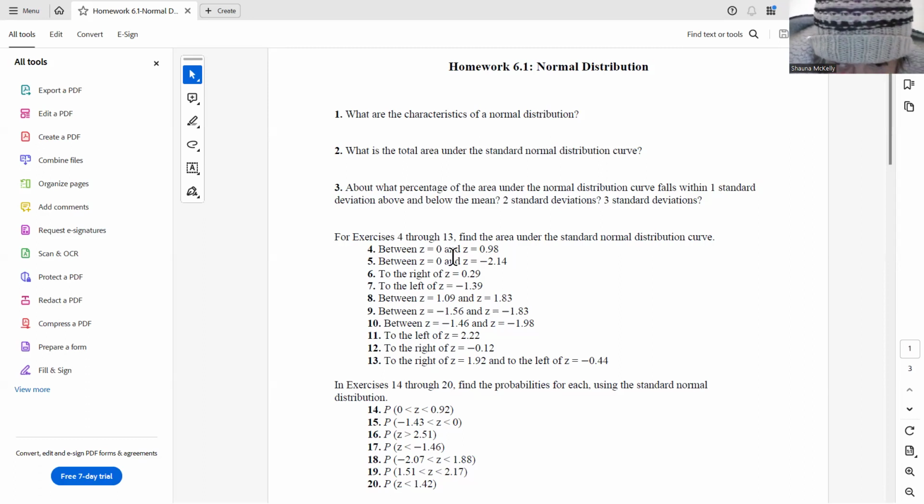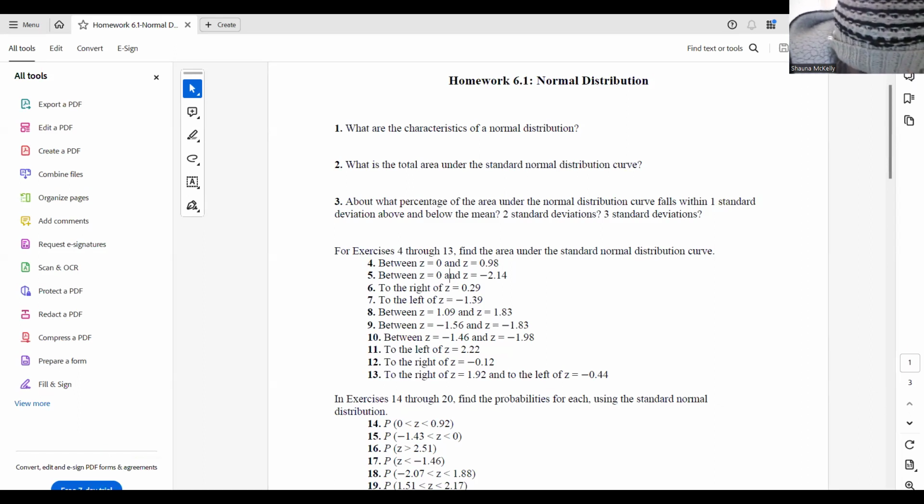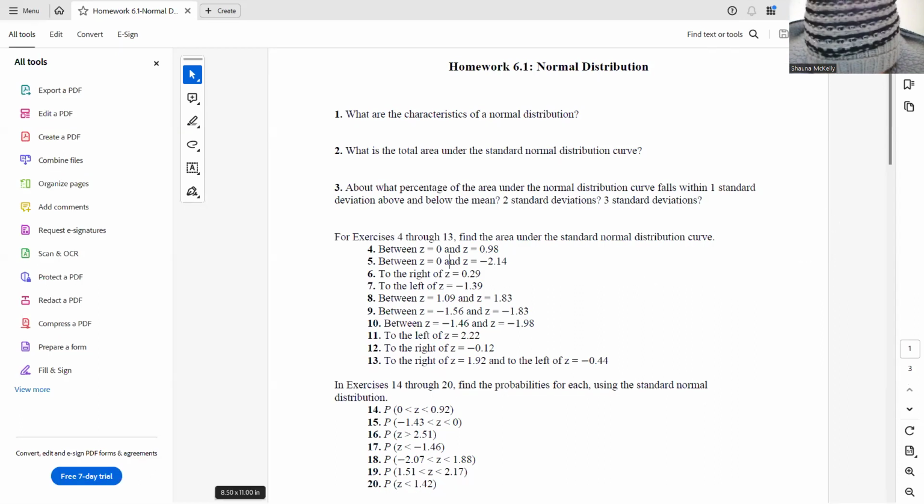But remember, a negative z-score is below the mean. So if you say between 0 and negative 2.14, we're going to have a situation that looks like this. Let me go ahead and share the screen at this time.